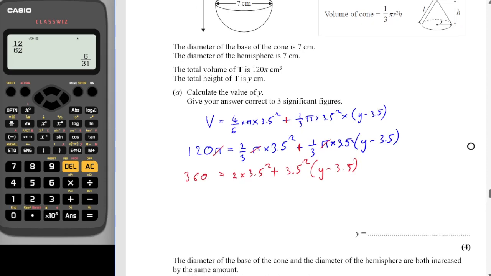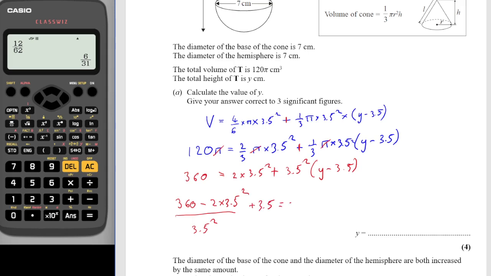So if I start to look at rearranging that then, that's going to be 360 minus 2 times 3.5 cubed, divided by 3.5 squared, plus 3.5.